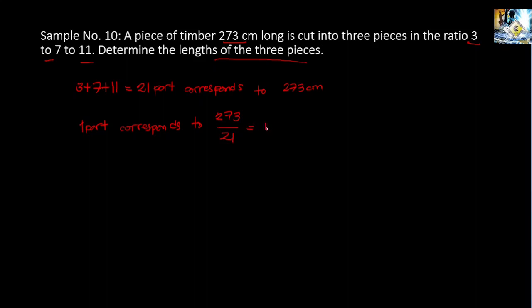So we get 13 centimeters for 1 part alone. Since the timber is cut into 3 pieces in a ratio of 3, 7 to 11.